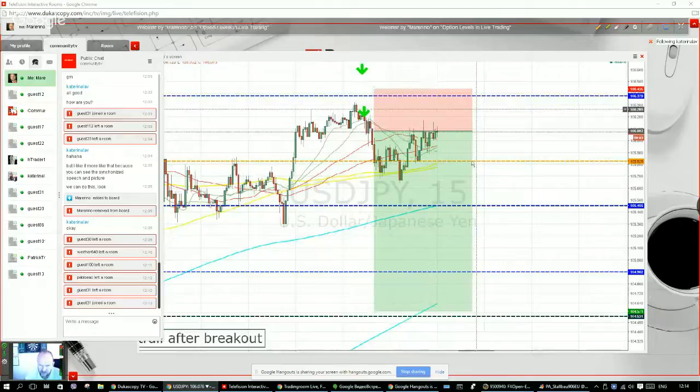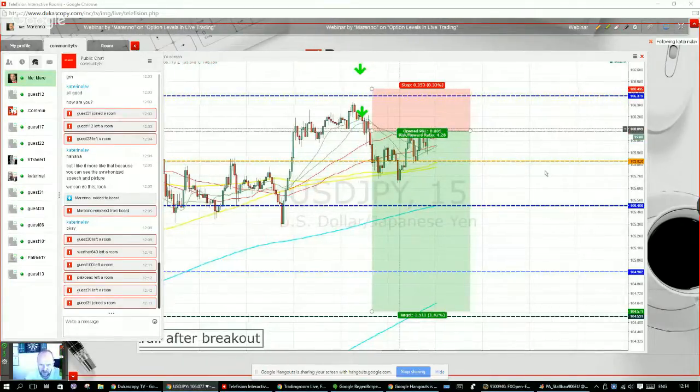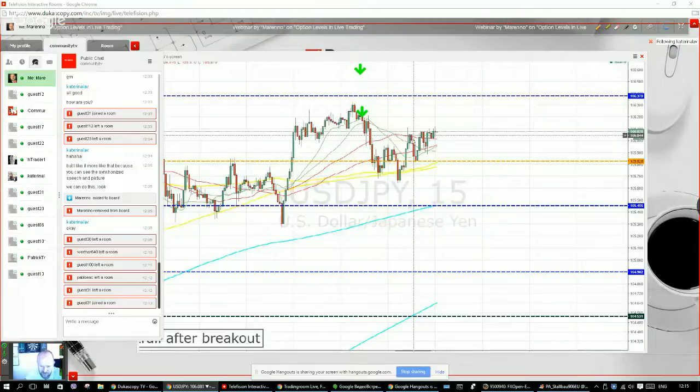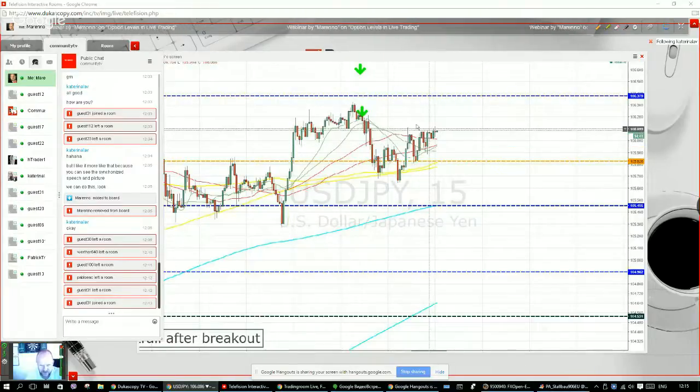We'll try to trail it. Those of you who entered the price around this level here, early in the morning, were able to have a break even at least here, and it does look like the price is going to continue its up movement for a little while.